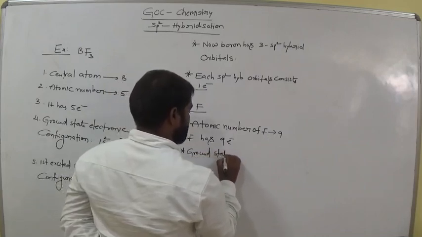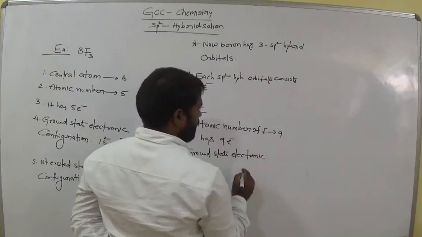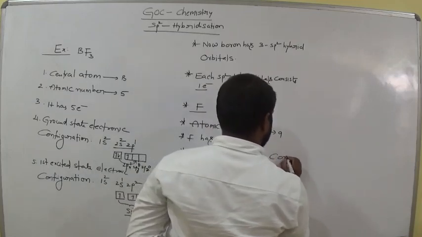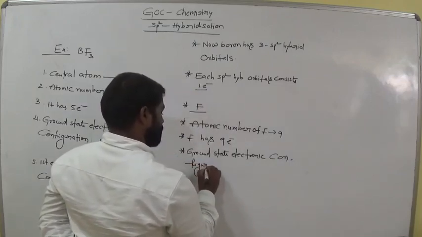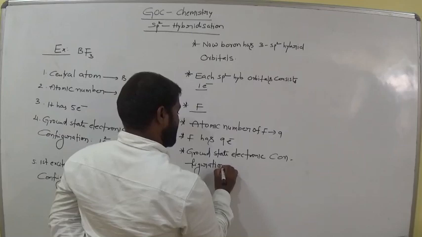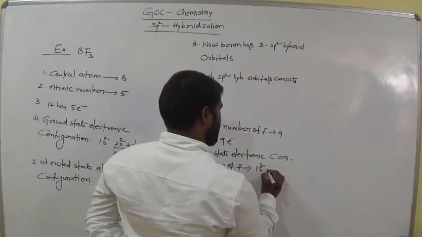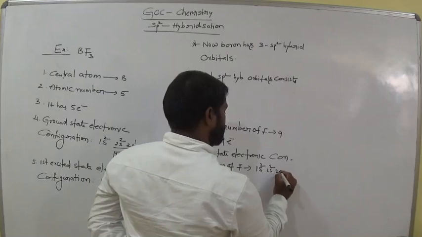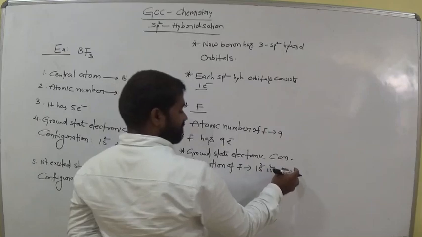The ground state electronic configuration of fluorine is 1s2, 2s2, 2p5. 2 plus 2, 4, plus 5, 9.